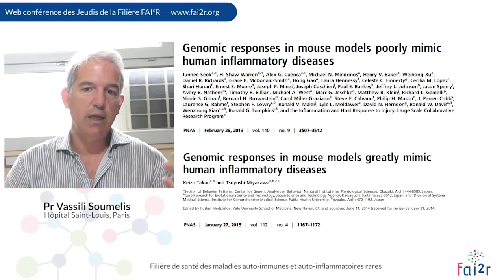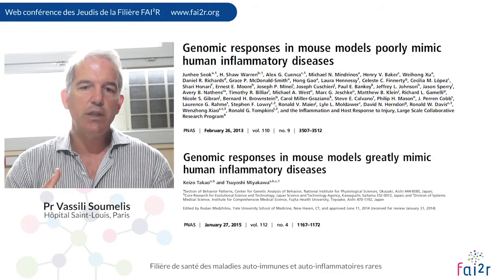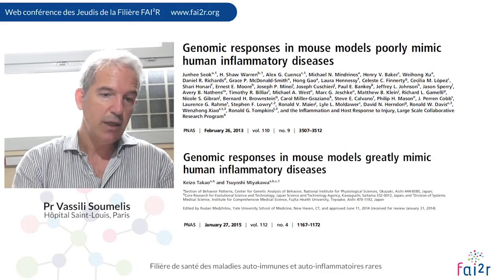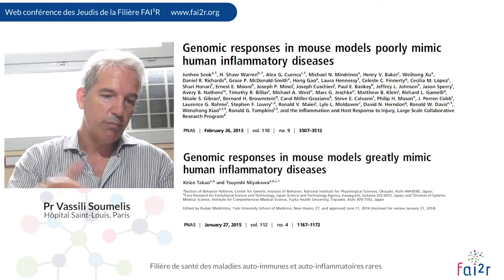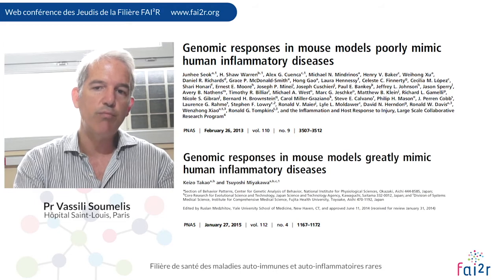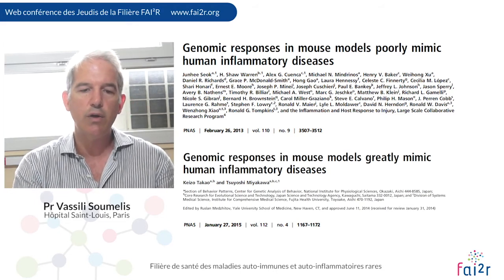Basically there is a very, very low correlation, sometimes 0.1 or even less, in comparing gene changes in humans versus mouse models. And very surprisingly, 2 years later, a manuscript published in the same journal reached an opposite conclusion. From poorly mimic, they go to greatly mimic human inflammatory diseases.